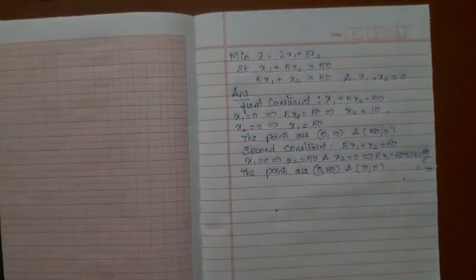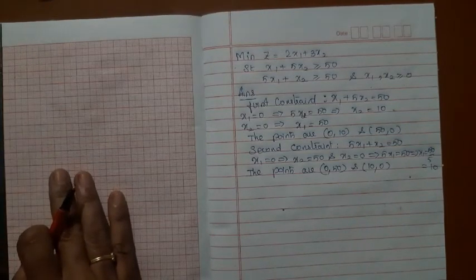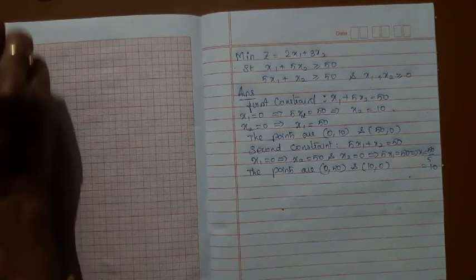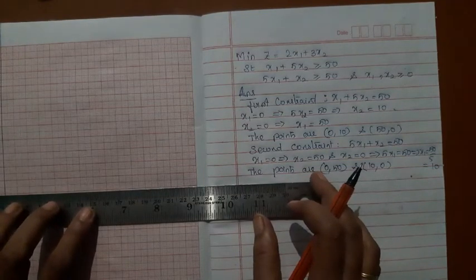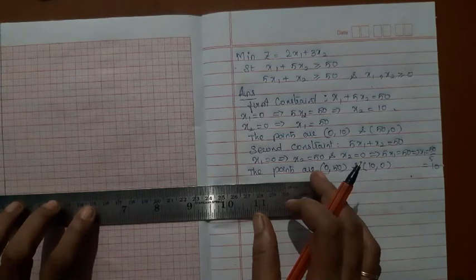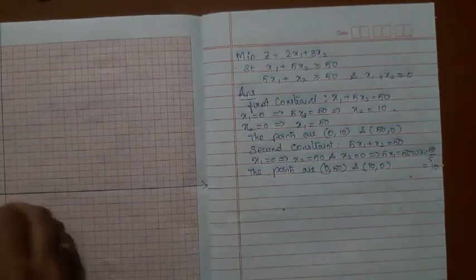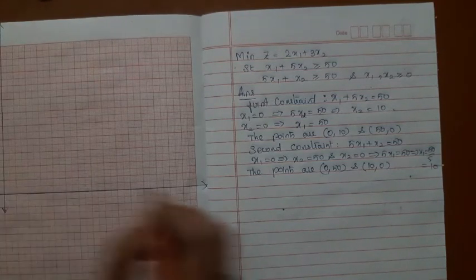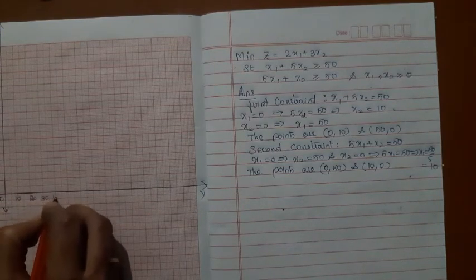So I understand that the maximum value required on the graph is 50 and the minimum value is 0. So let us go for this scale.